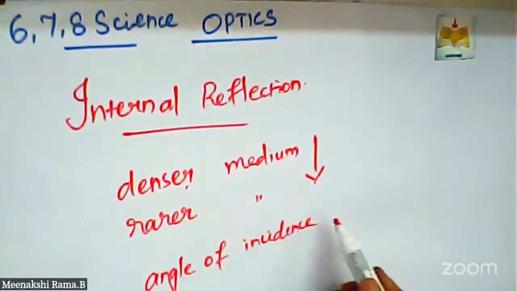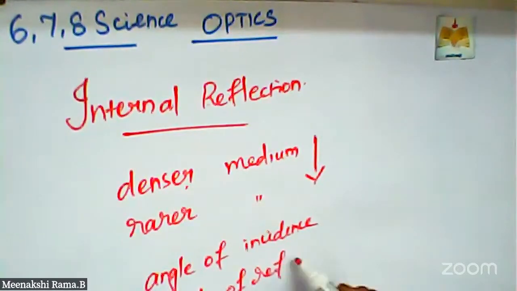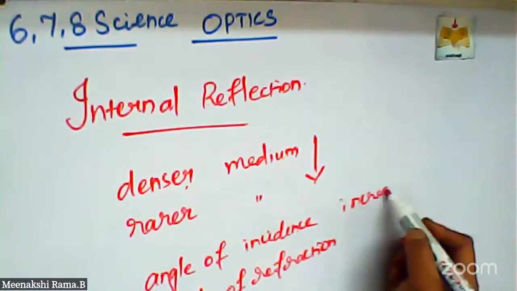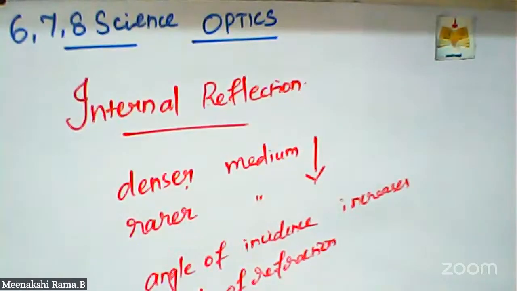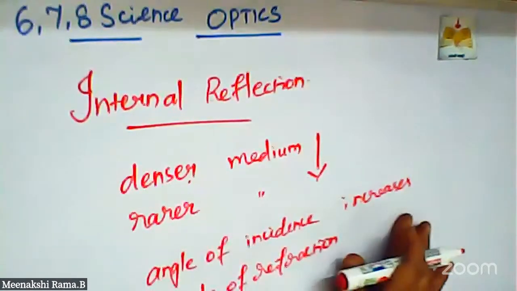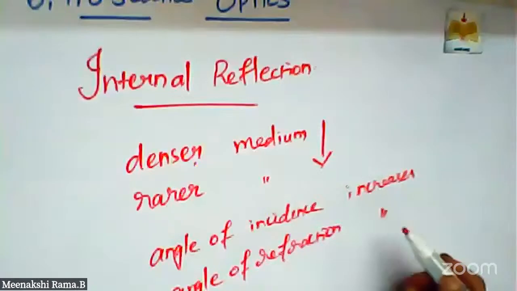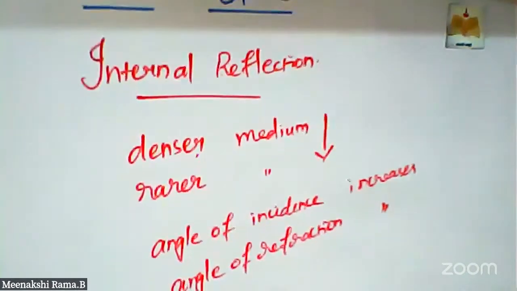The angle of incidence increases in the denser medium, and the angle of refraction also increases. So in the internal reflection concept, as the angle of incidence increases, the angle of refraction also increases.